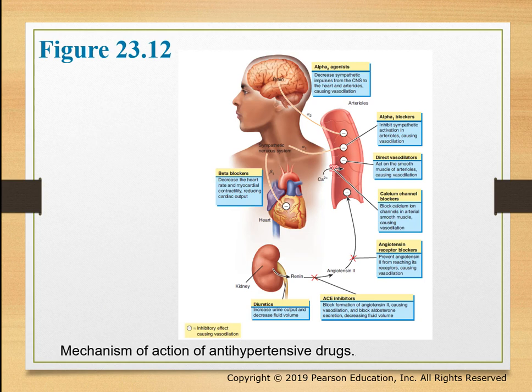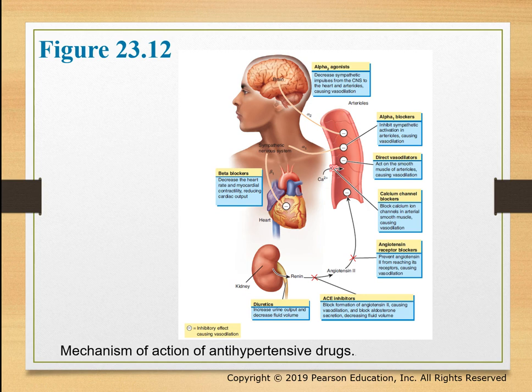Okay, if we talk about pharmacologic treatments, here are some examples of antihypertensive drugs and how they work. Just like we saw the positive before, which was an increase in blood pressure, or vasoconstriction, here a minus sign is going to cause vasodilation. And again, vasodilation meaning it's relaxing the arteries, relaxing the blood vessels, and obviously the pressure then would decrease.